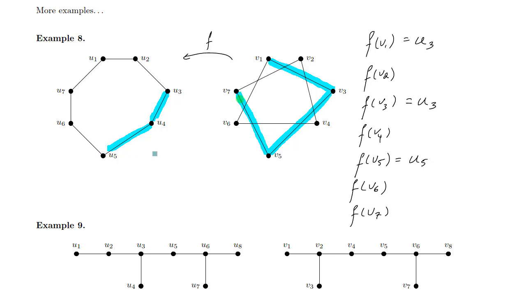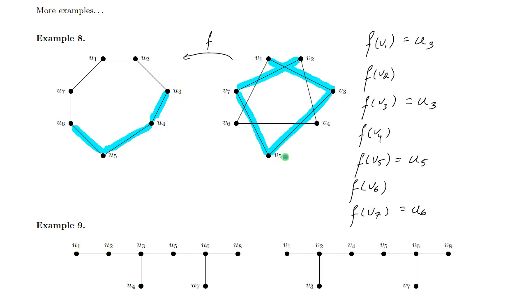And that means that the thing that I mapped V5 to, which was U5, needs to be adjacent to the thing that I map V7 to. So I'm going to use U6 as my V7 function value. So V7 maps to U6, and we'll just continue following that cycle along.